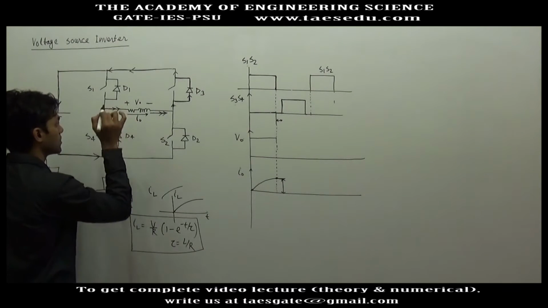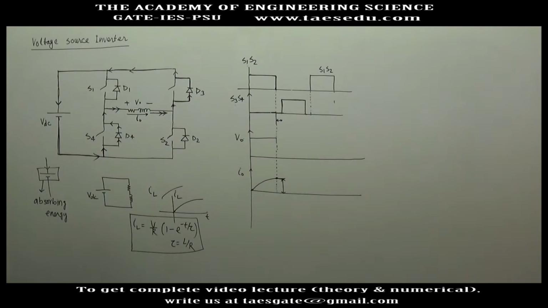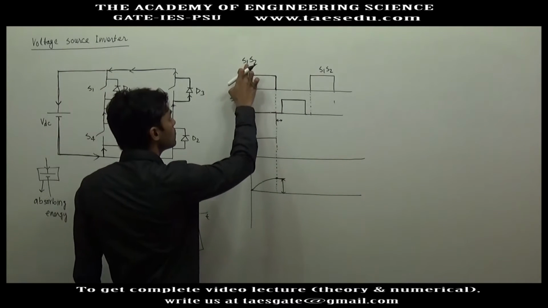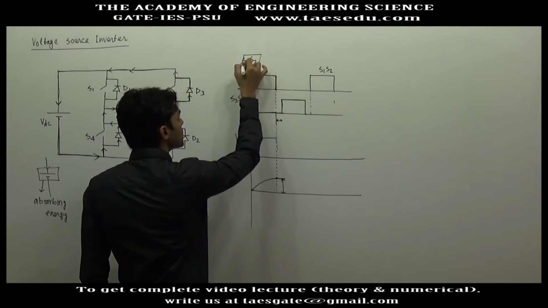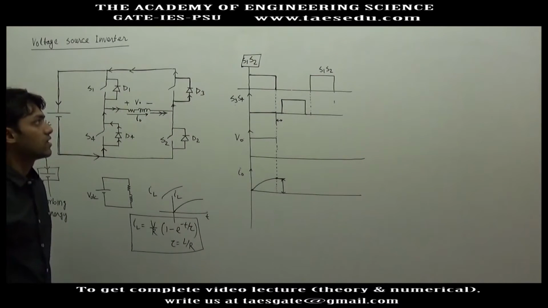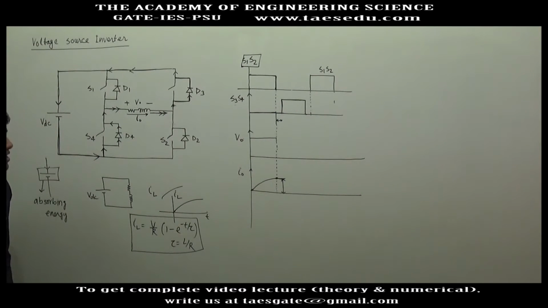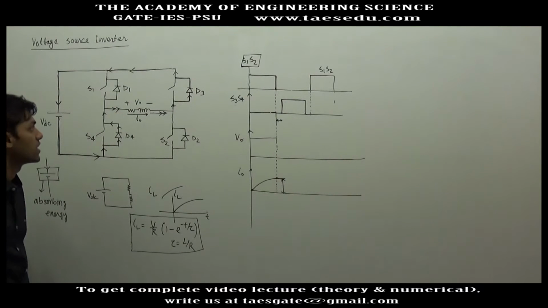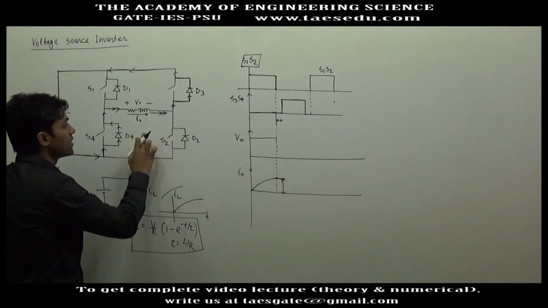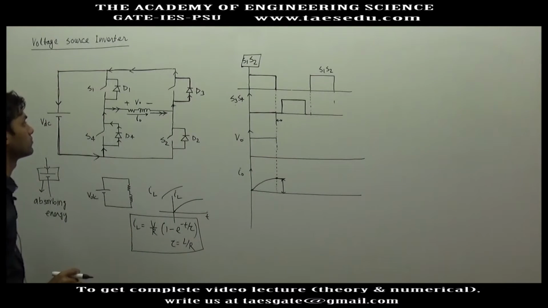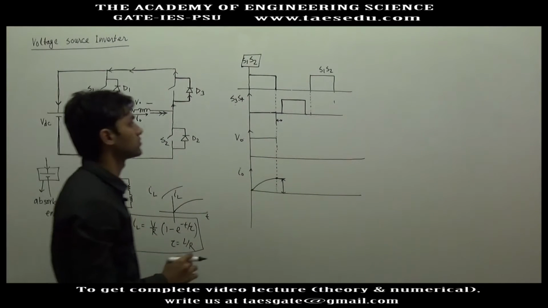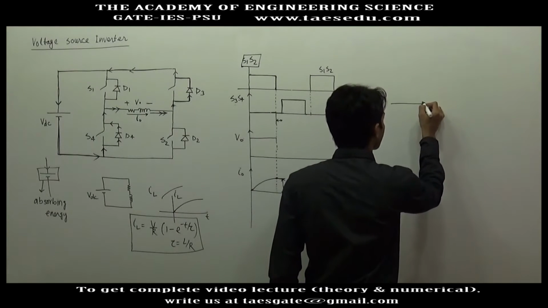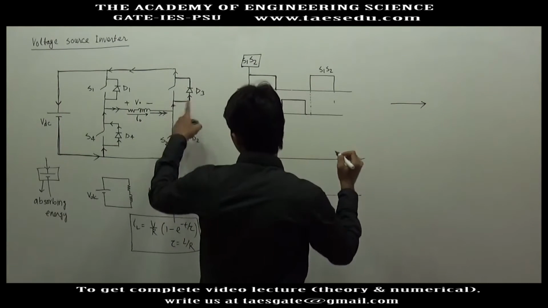This will be the direction of current through the anti-parallel diodes. So whenever S1, S2 are disconnected, or we did force commutation of S1 and S2, the inductor current will take the path of anti-parallel diodes D3 and D4. The positive direction of inductor current will take the path of D3 and D4.